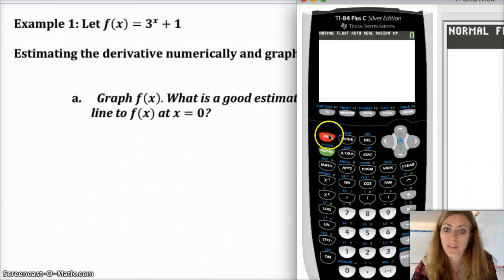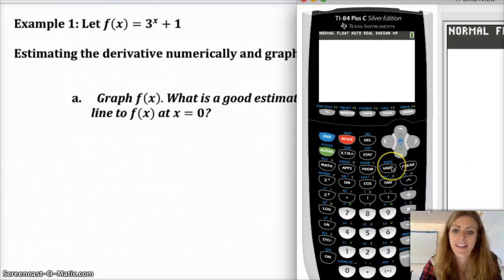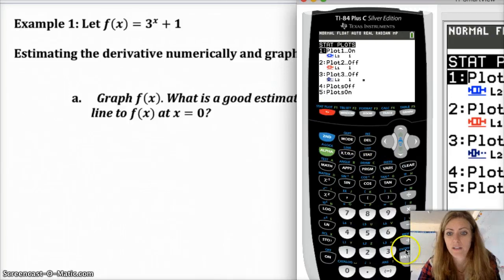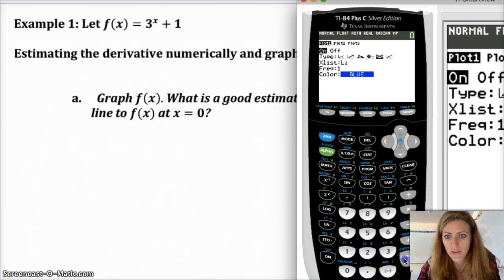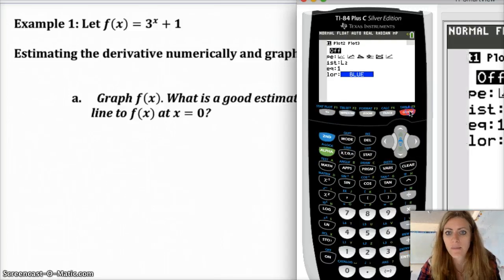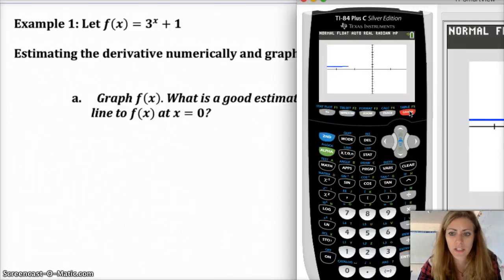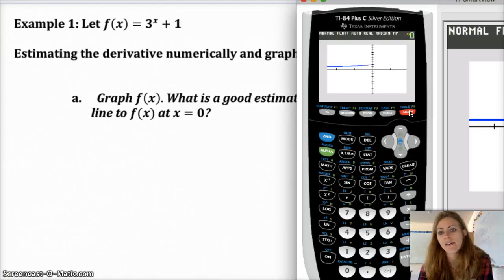I apologize for wasting time right now. You might have something in there as well, so if you go second y equals, you want to clear out whatever your stat plots are, or other things that you have going on.